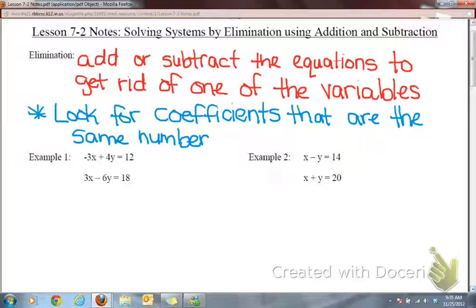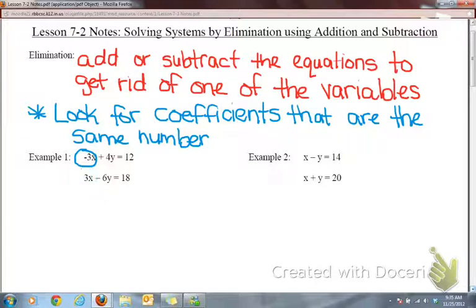The y's also have coefficients, 4 and a -6, but those are not the same number. So we won't use those. Well, we'll use them, but I'll get to example 1 in a second. But it'll be really nice that in example 1, there's a -3 in front of the x and a +3 in front of that x.